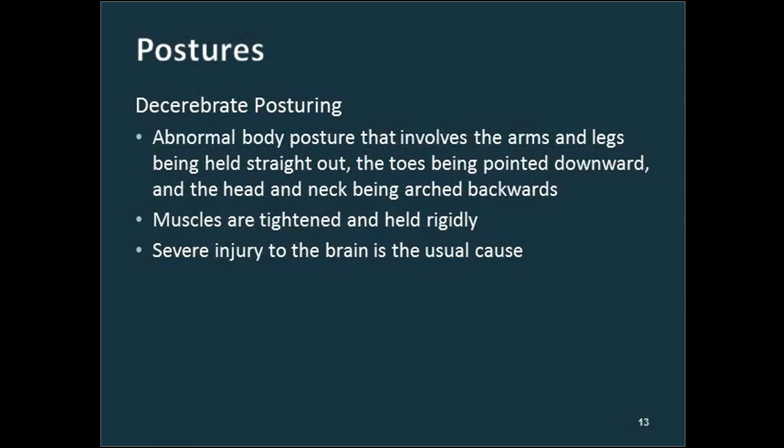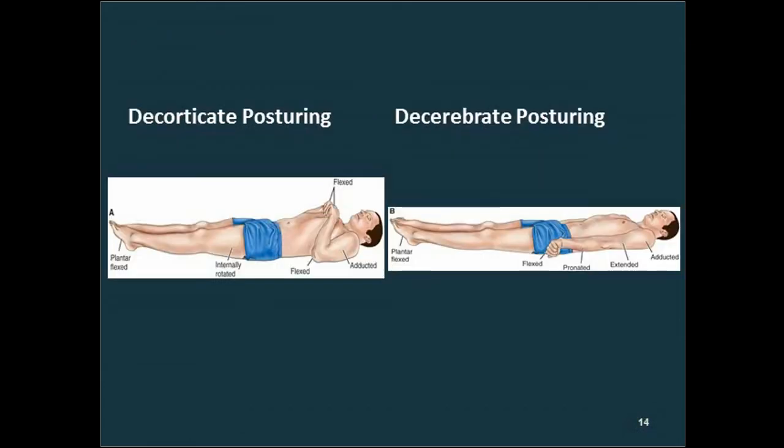Instead of the arms being drawn in toward the core of the body as in decorticate, this is where it turns in an outward way. And this is a sign of very severe brain injury, okay? So it is worse than decorticate. So here are the pictures I was talking about.